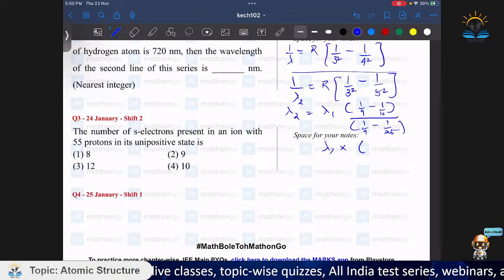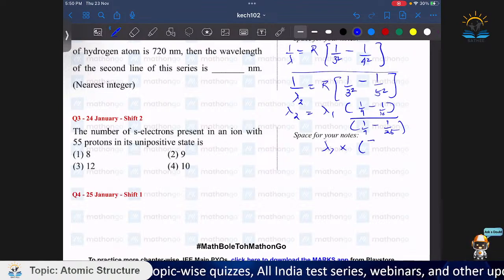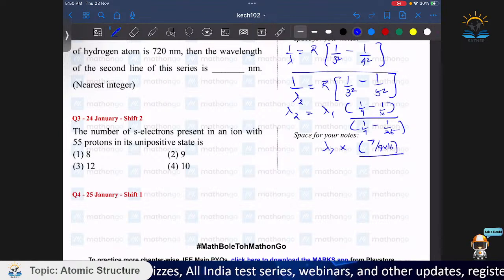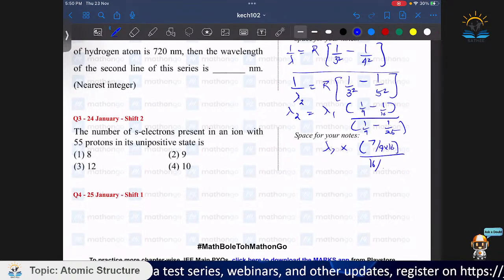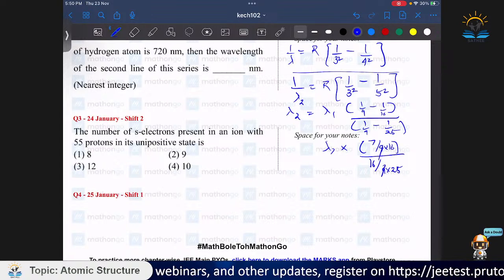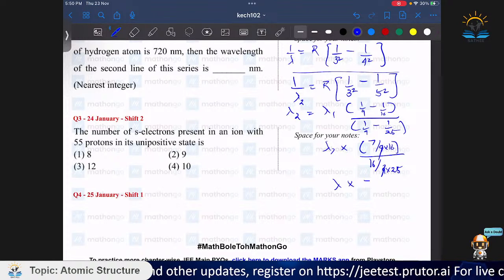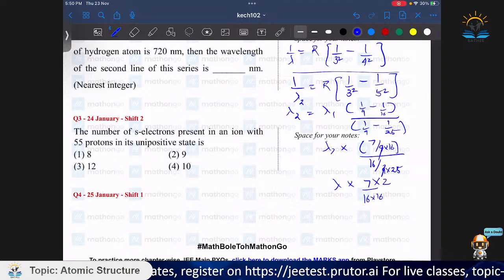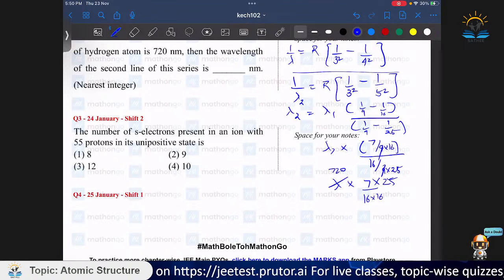So 20, this is like 7 by 9 into 16 upon 16 by 9 into 25. So 9 to 9 you get cancelled and you get lambda into 7 by 16 into 16, 7 into 25. Lambda is 720 nanometer.